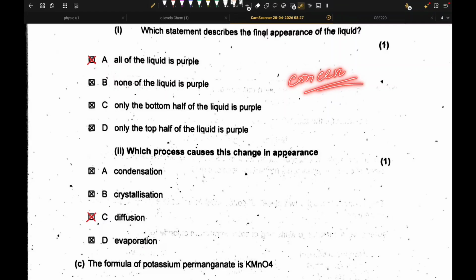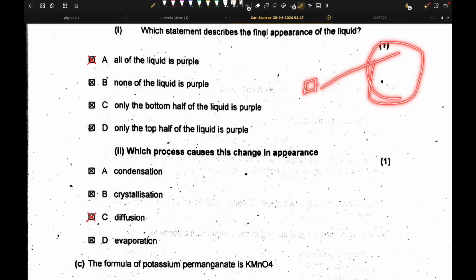Basically, when we have some substance here and we do not have anything here, it's empty, the concentration gradient is very high. As soon as this substance moves here, the concentration gradient falls until it becomes flat. That means the number of items here and the number of items here are the same.